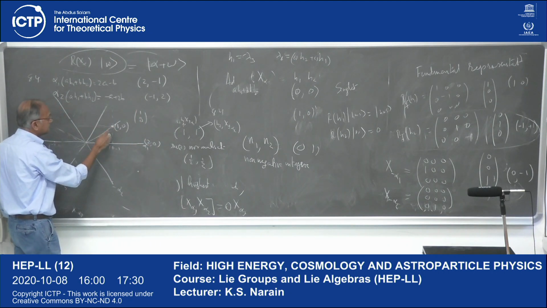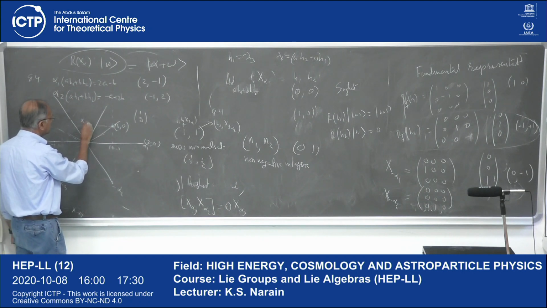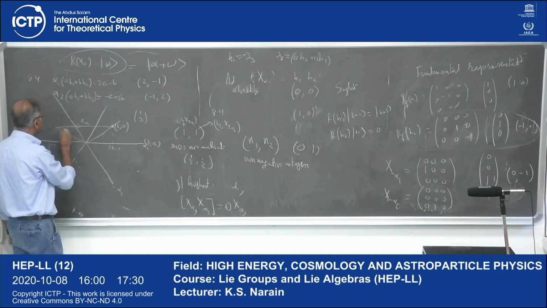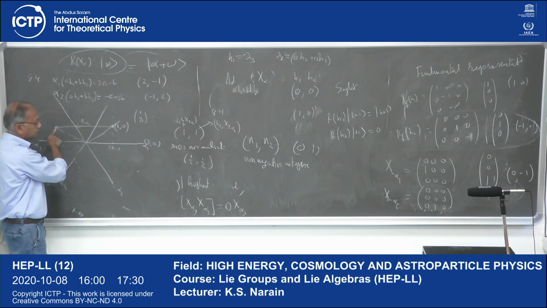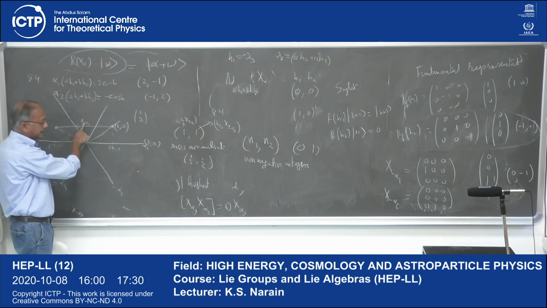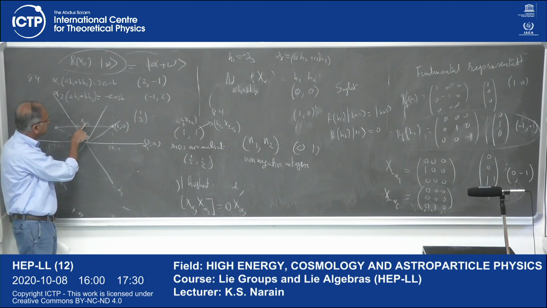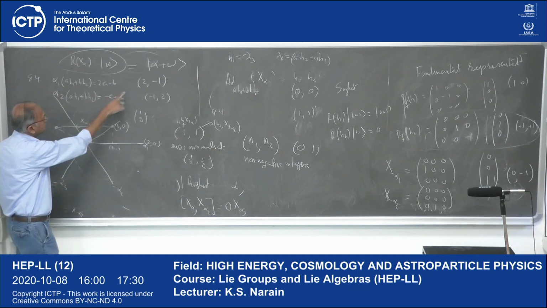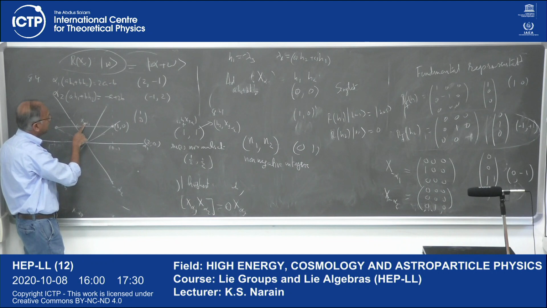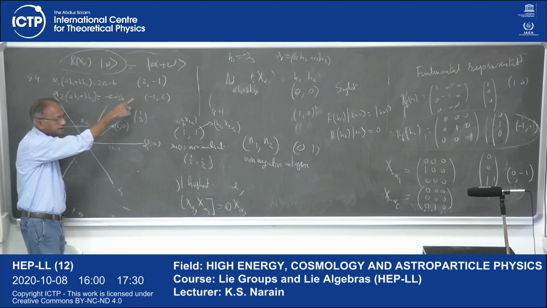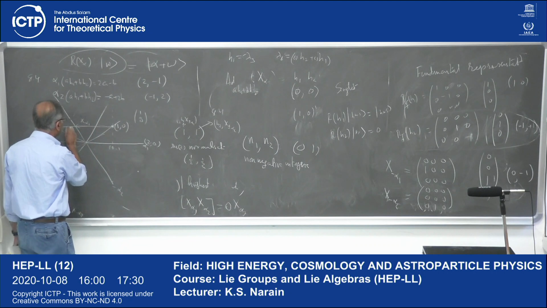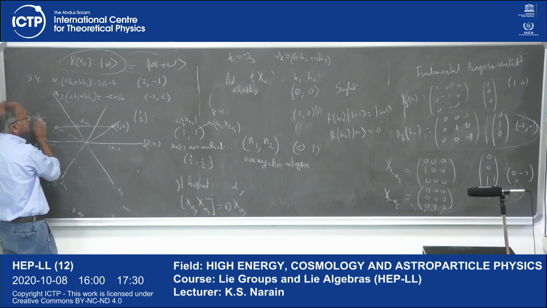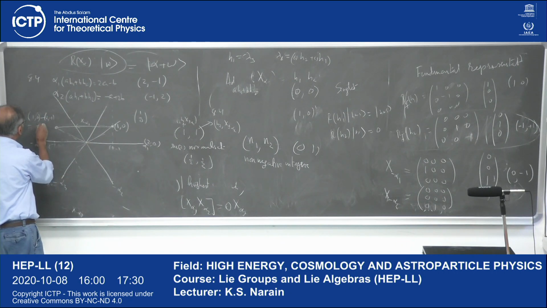Now I apply X minus alpha 1 on this state, and I go here. But what will be the weight of that? It will be the weight of this plus the weight of that. Alpha 1 has this weight, so minus alpha 1 will have the negative of that. Therefore this state will be 1, 0 minus 2, minus 1, which is the same as minus 1 comma 1.